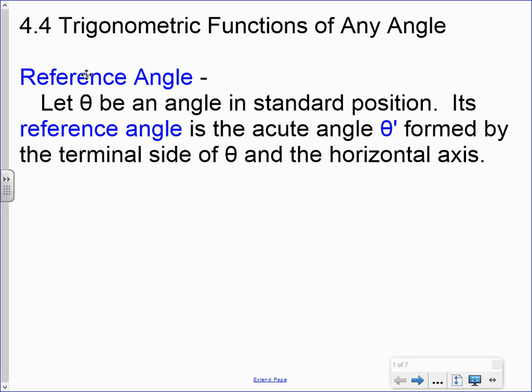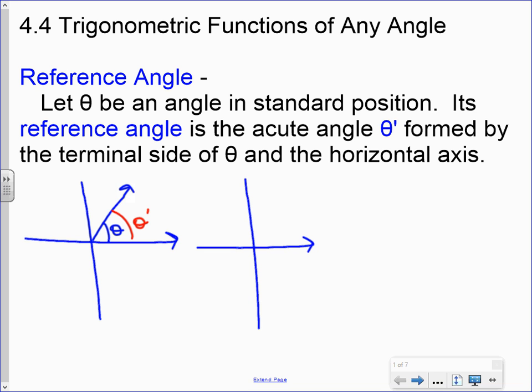All right, so let's just draw our pictures to refresh our memory. If you have an angle in the first quadrant, the reference angle is itself. In the second quadrant, the reference angle would be its supplement.